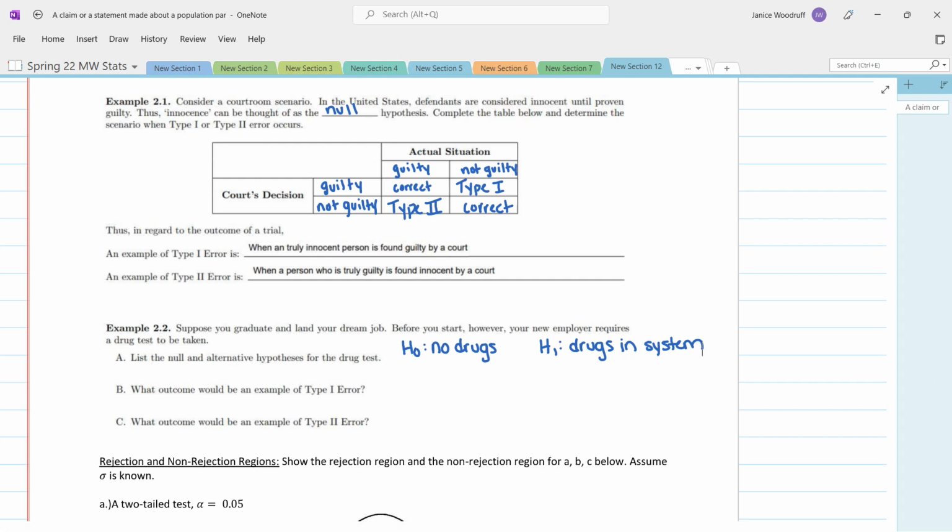So a type 1 error is when the null is true, but it's rejected. So the null is true that you don't have drugs in your system, but it's rejected. So that would mean the drug test came back positive. A type 1 error would be the drug test comes back positive, but you did not actually do drugs.